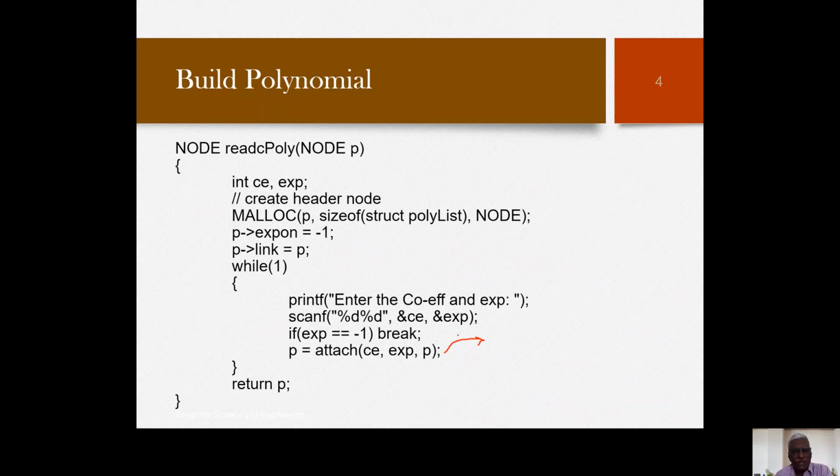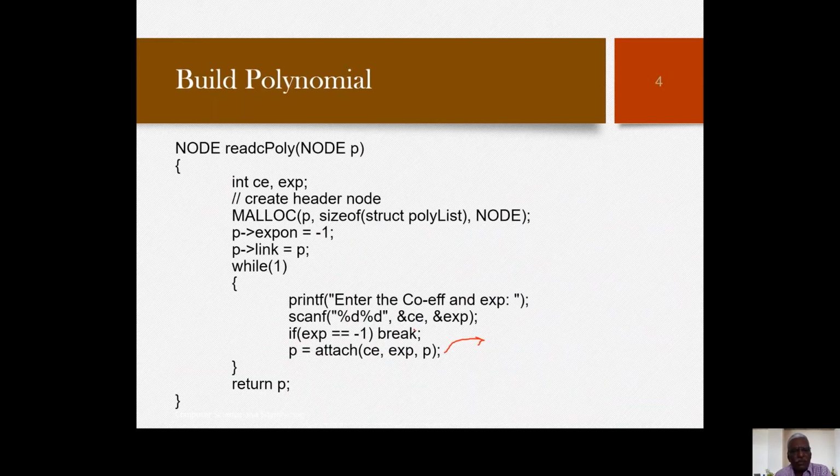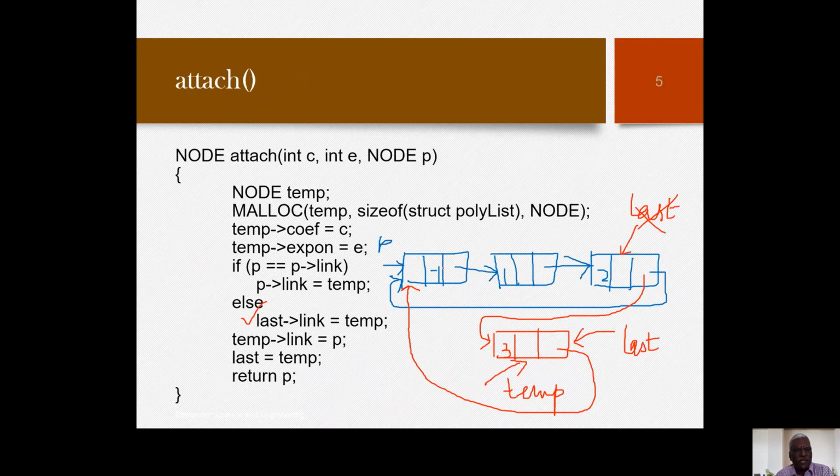So basically what we have done here is written or created a polynomial with so many terms. Now this could be two polynomials, so I can read first by using the same function, and we'll see how we could add. Right, so this is attached.